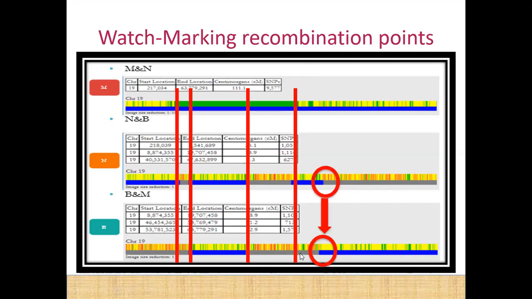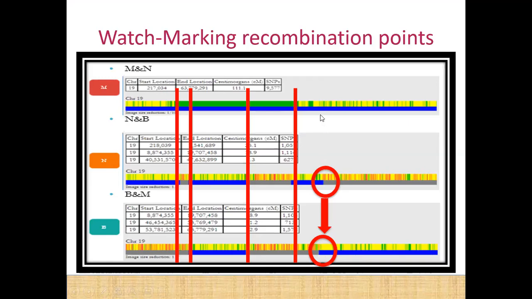Looking down, we see our second point of change, where they move from this no match area, or area where the siblings do not share DNA, to a half match, yellow on the top, blue on the bottom, where the siblings received DNA from one of their parents that was the same.